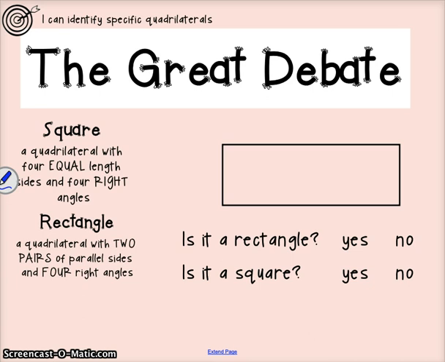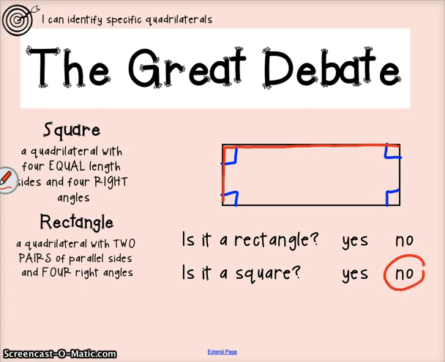So this shape, it has 4 sides, so it is a quadrilateral. Does it have 4 equal length sides and 4 right angles? Those are 4 right angles, but are the sides equal length? Is this side equal to the length of this side?